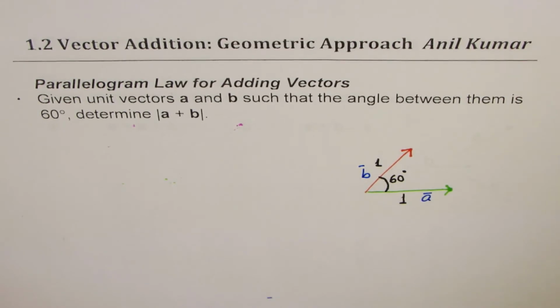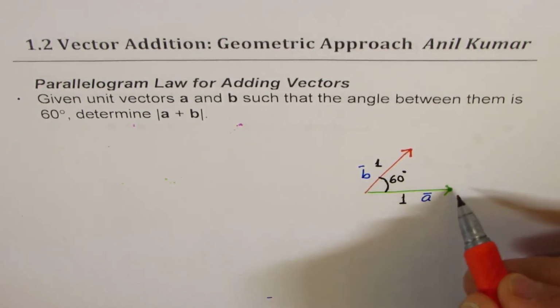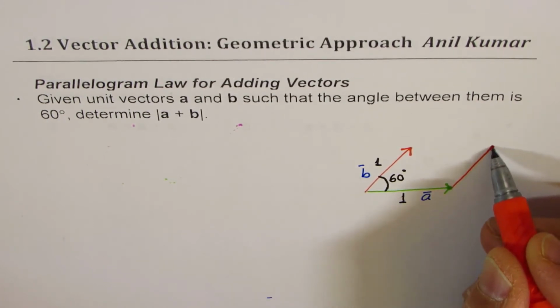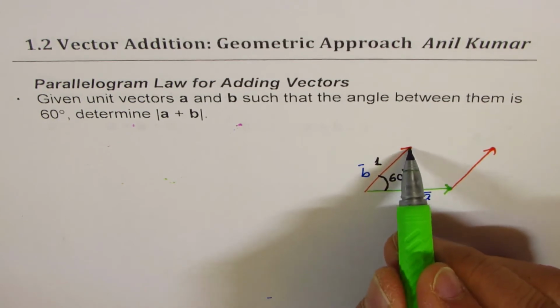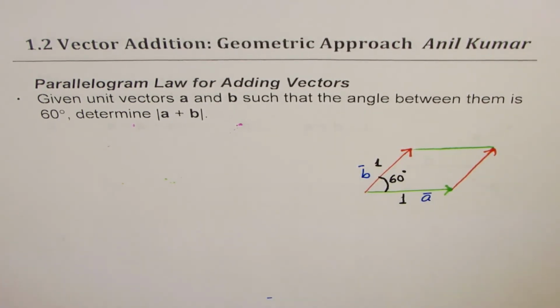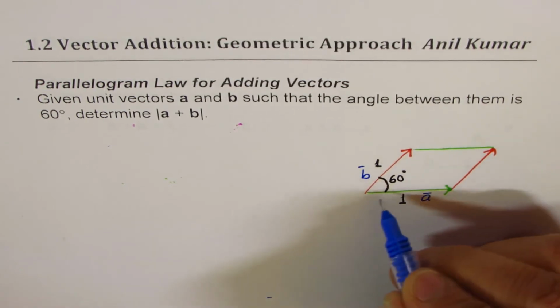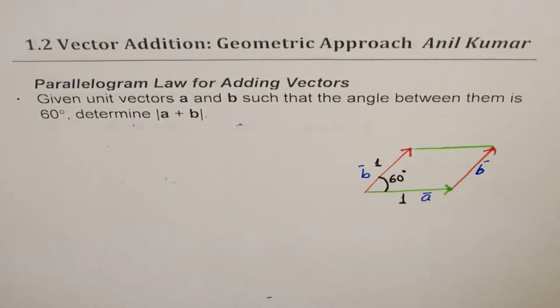So we can actually translate vector B so that we put its tail on the head of A, kind of like this. Is it okay? As you can see, joining this point gives you a parallelogram. That is why it is called parallelogram law for adding vectors. Now here the diagonal represents the sum of these two vectors.